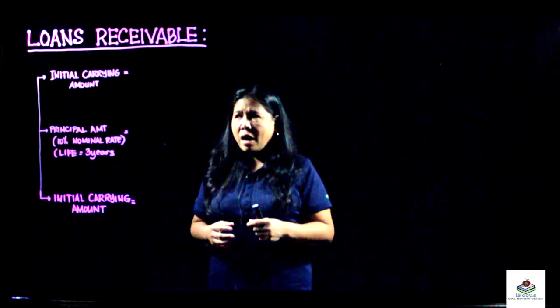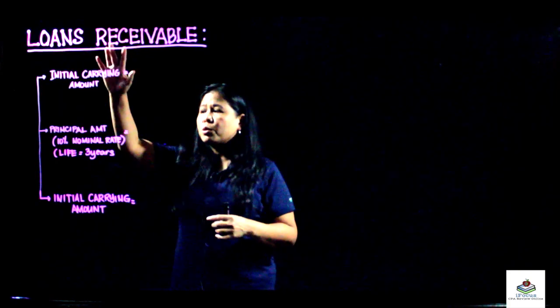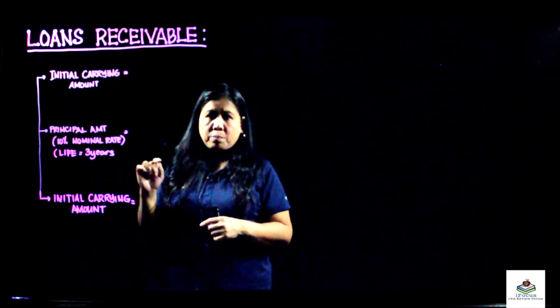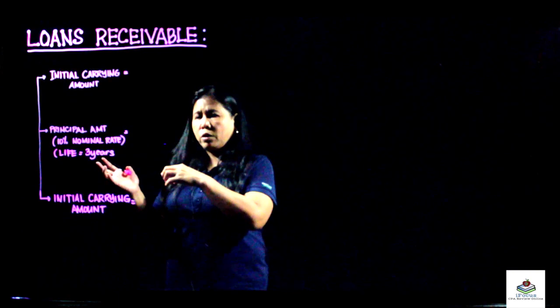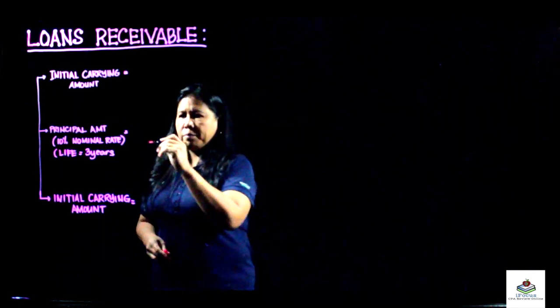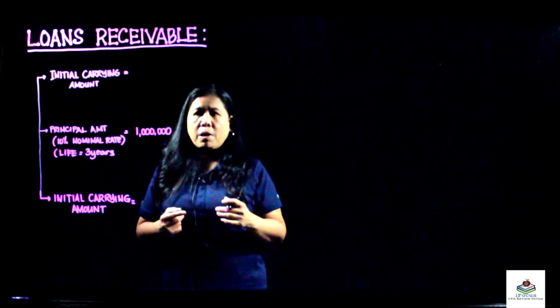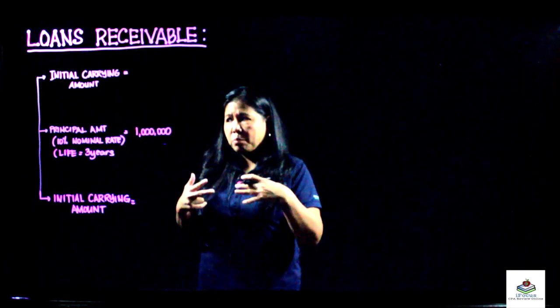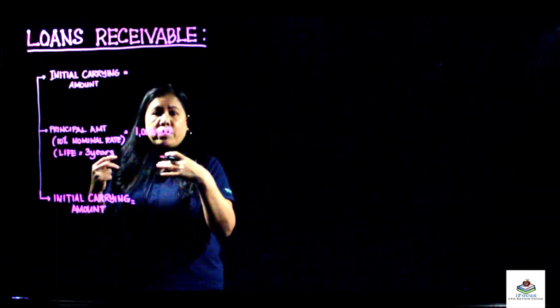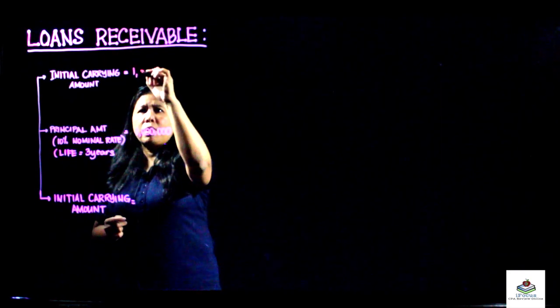This account arises when the initial carrying amount of the loans receivable is different from the principal amount. Let's get that example a while ago where our principal amount is 1 million, and the initial carrying amount is 1,030,000. That means it's greater than our principal amount.